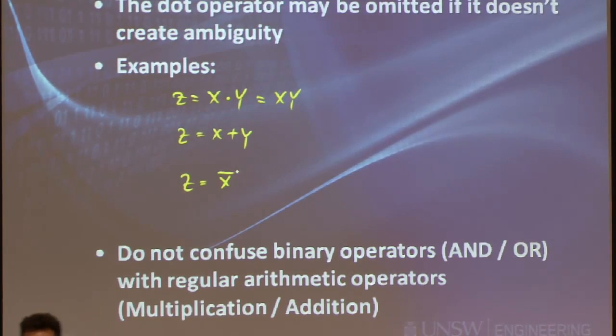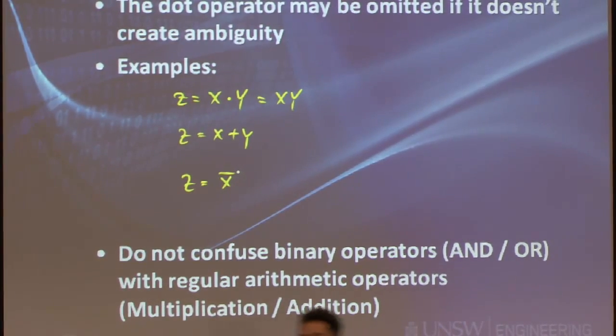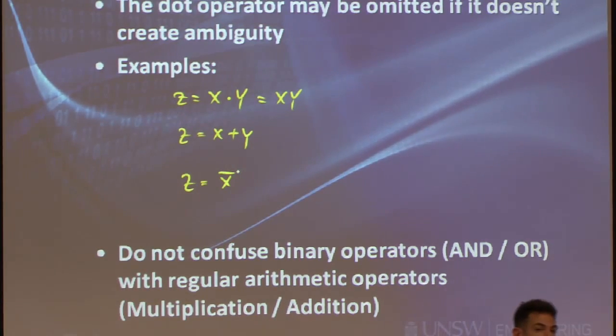Now, what I never, ever, ever want to hear from you is things like z equals x plus y, or z equals x times y. It's not plus and it's not times. It's or and it's and. Just be careful. I might slip myself every once in a while because it's very easy to mix them.